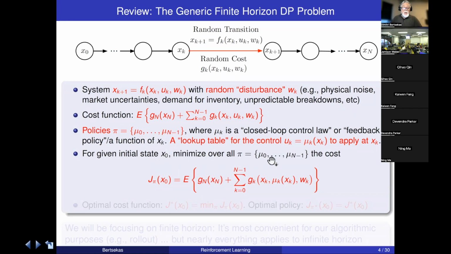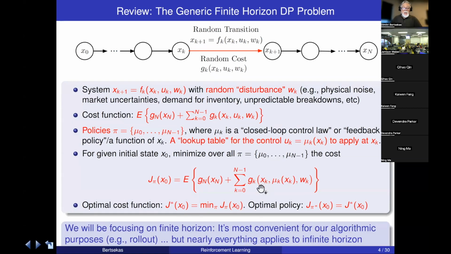And for a given initial state, we want to minimize over all policies this expected cost, which depends on the initial state and, of course, the policy. And the optimal cost function is the minimum over all policies, which depends, of course, on the initial state.